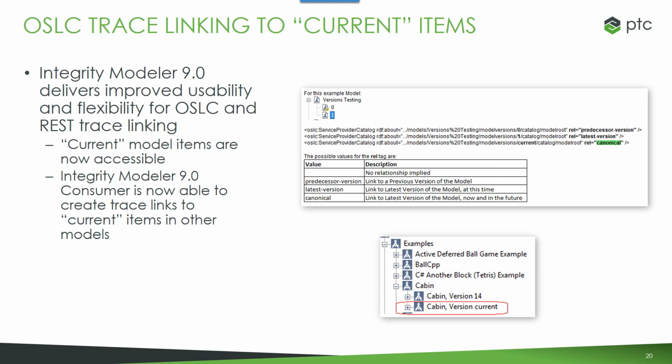This means that other clients that connect to Integrity Modeler using OSLC or REST are able to create links to a version-specific item or a canonical item, which always points to the latest version. The Integrity Modeler 9.0 consumer is now able to create trace links to the current items in other models. This is for model-to-model based OSLC linking.